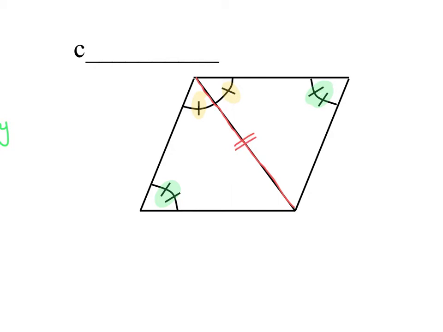Because this side belongs to this triangle and this side belongs to this triangle, they have a common side. So it's equal to itself. So far I have angle, angle, side. Since this side is not between the two angles, I cannot say ASA. This is AAS. So yes, these two triangles are congruent using the AAS property.